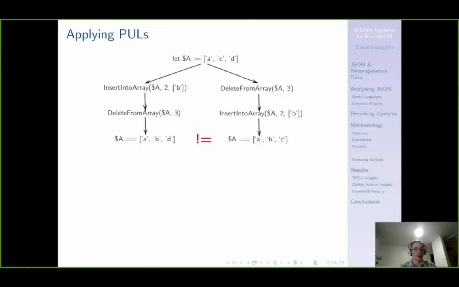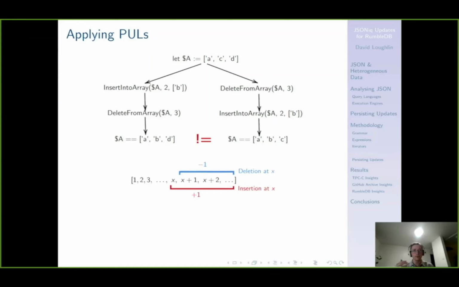Now, the next challenge is that of applying the update primitives within a PUL. While the order of updating expressions does not matter in the query, when applying updates to an array, certain updates, namely insertions and deletions, will change the indexes of values in the array. For example, inserting at an index and then deleting at an index after the insert will result in a different array depending on whether you insert first or delete first, as seen on the board.